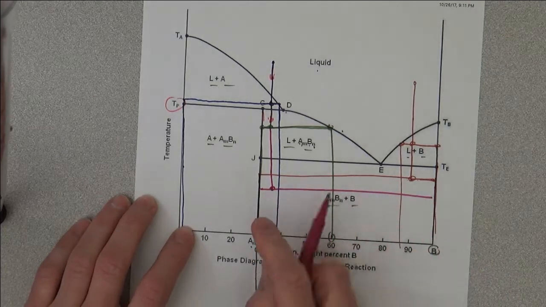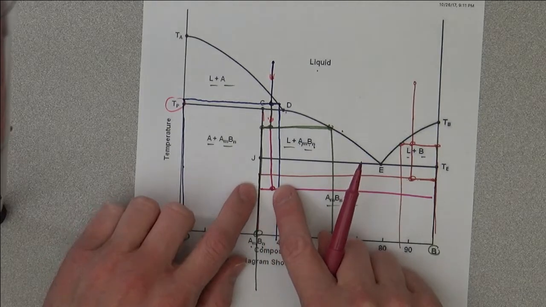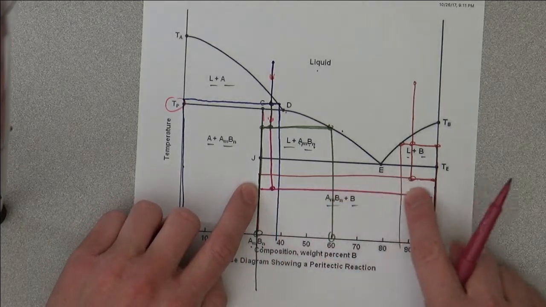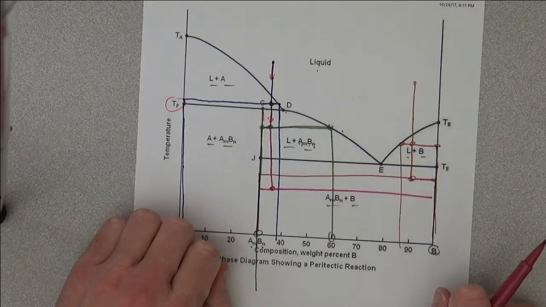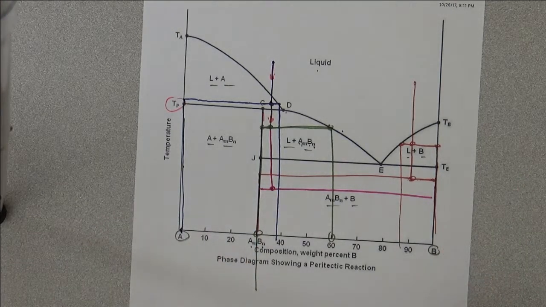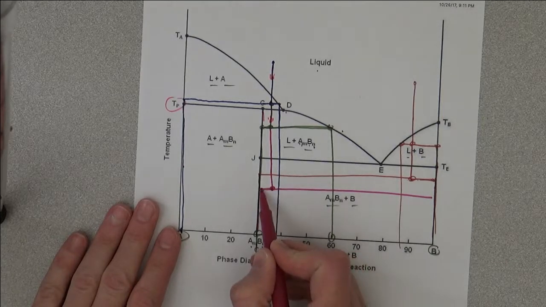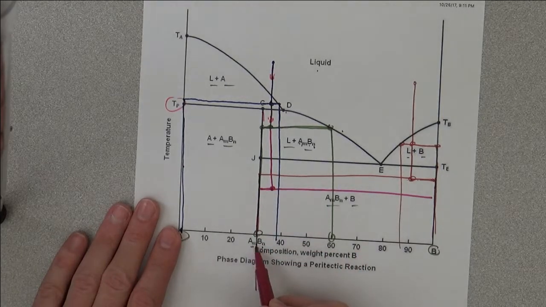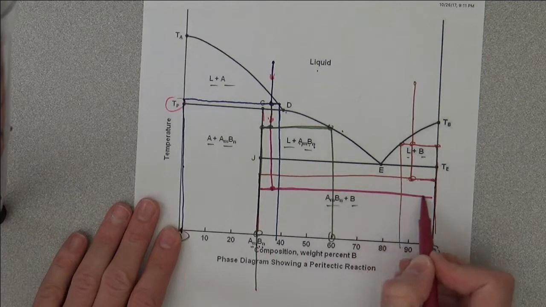The phase fraction of B is this divided by this. The phase fraction of AMBN is this divided by this. And the compositions, again, are stoichiometric AMBN and B.